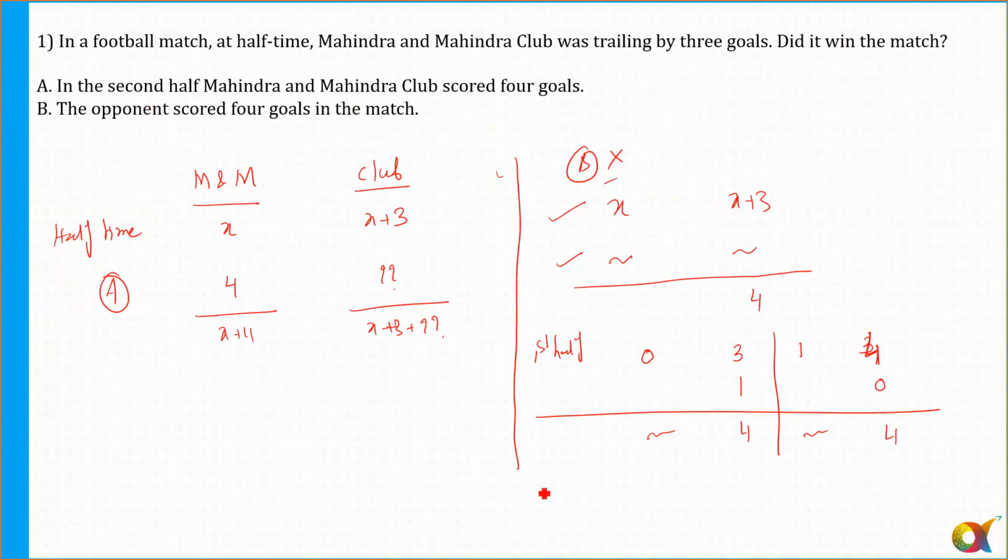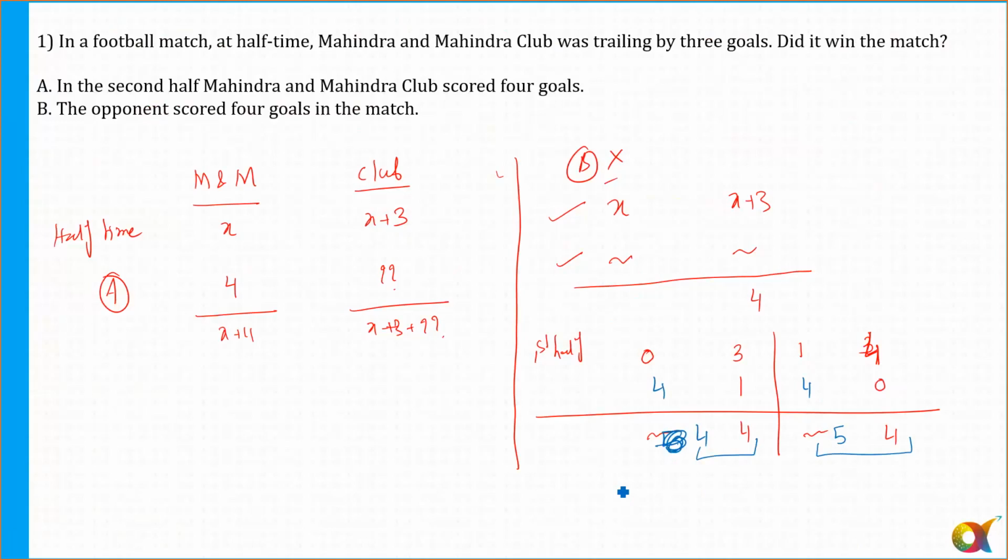So if Mahindra and Mahindra scored 4 goals in the second half, in the first case the score will be 0 plus 4, 4-4, and here it is 5-4. So again, there are 2 possibilities here. By combining these 2 statements, the score of the match can be 4-4 or 5-4.